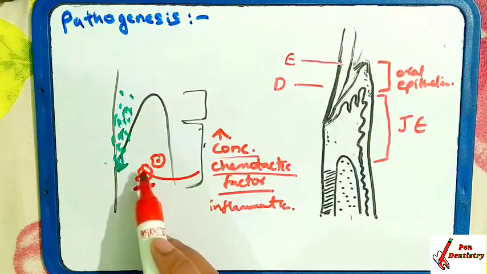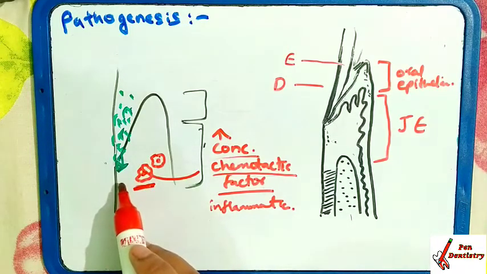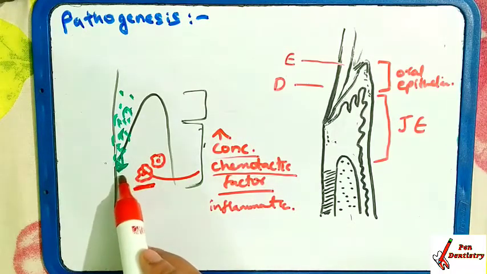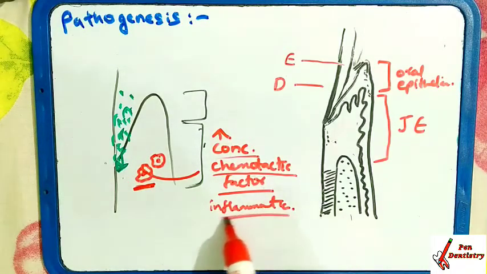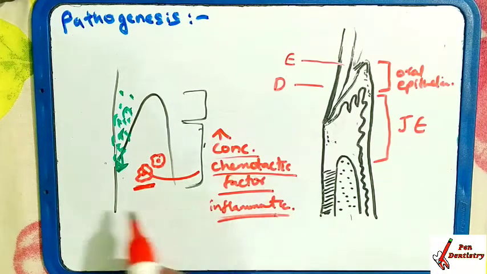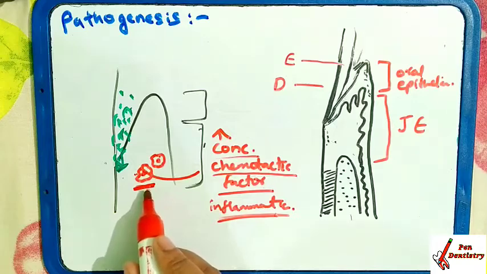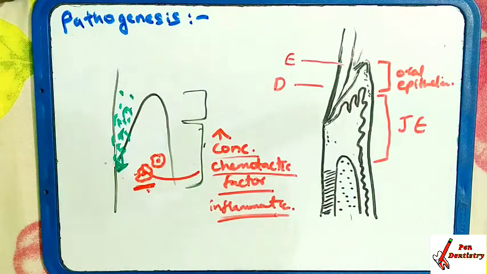They are going to engulf these bacteria and try to kill them, and this will lead to the inflammation. Because of the entrance of the neutrophils, the vascularity will be seen. The substance leads to the vascularity.